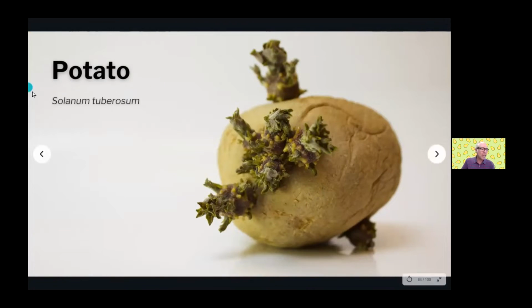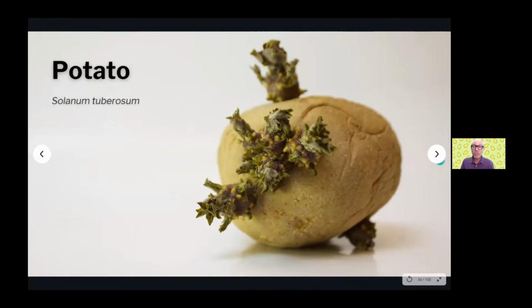So Solanum tuberosum, that means the tuberous-bearing Solanum, stem tissue. In this case, the stem has been modified to store the carbohydrates that the plant is going to use to spend an unfavorable season safe and underground.